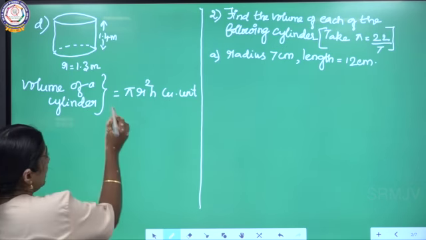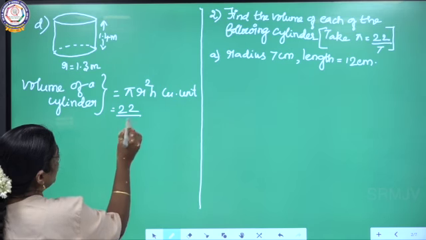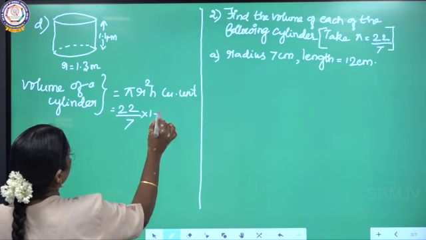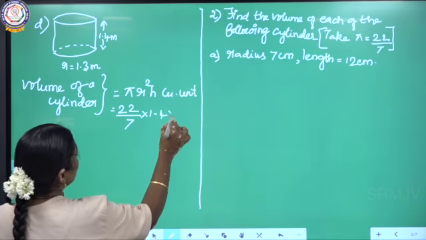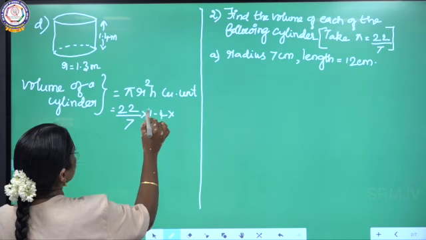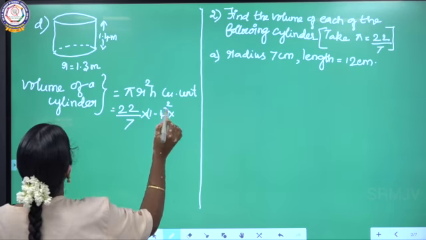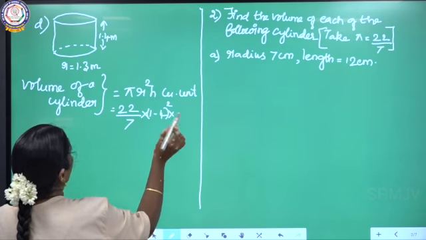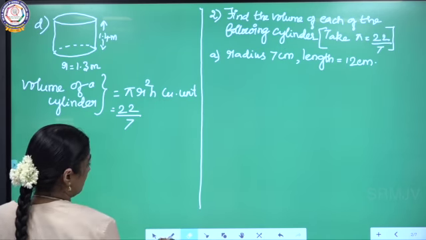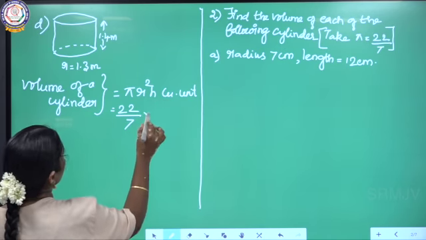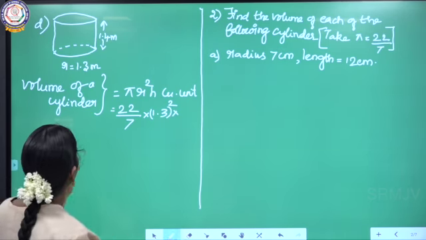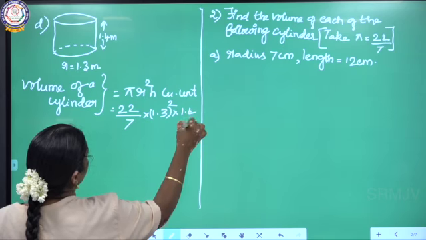Okay. Pi, what do I have to take? 22/7. And what is the r? 1.4 into 1. That is 1.4 the whole square into... see, r value is what? 1.4 squared into height 1.4.